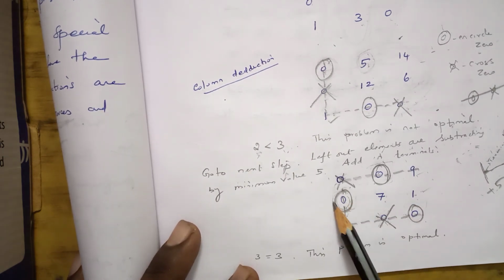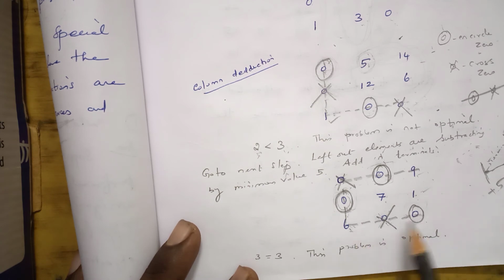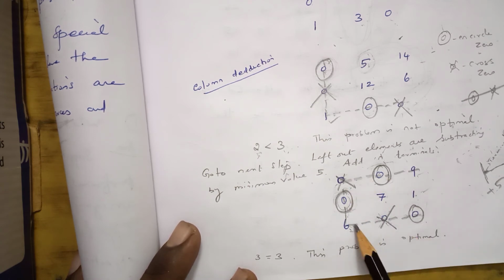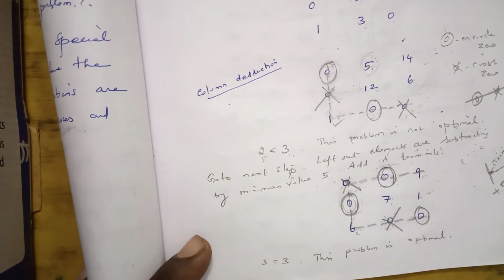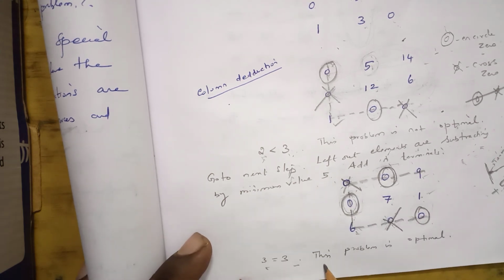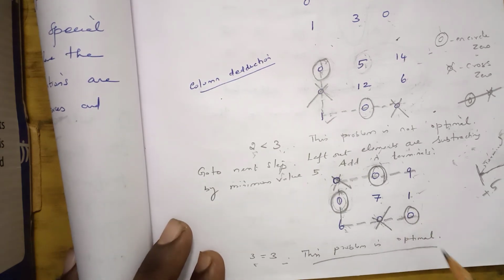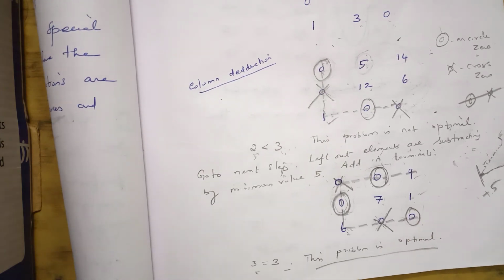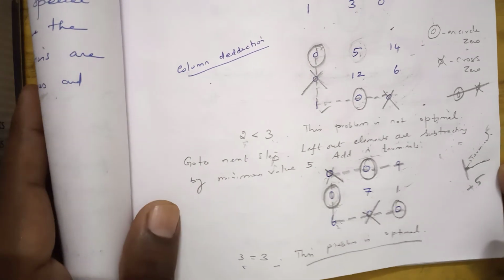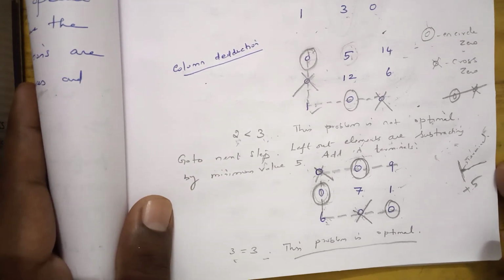We have covered this 0, no problem. So all the zeros are covered. How many lines? Line 1, 2, 3. So 3 equals 3. This problem is optimal, since 3 lines equals 3 rows and 3 columns.